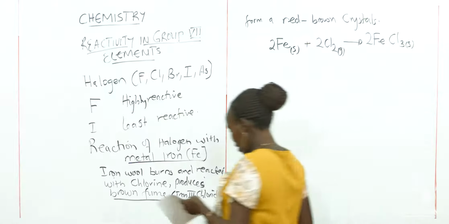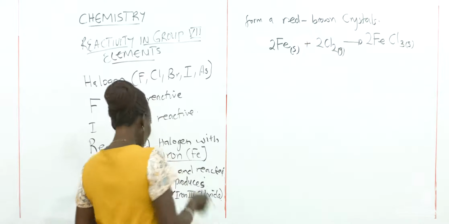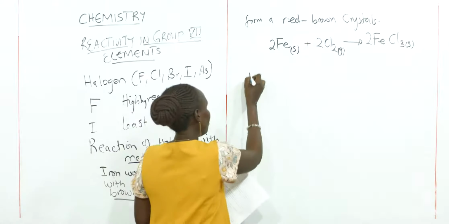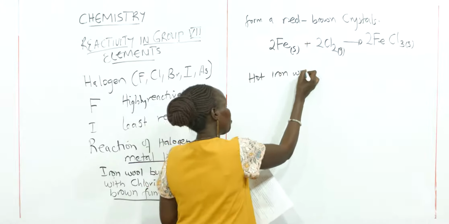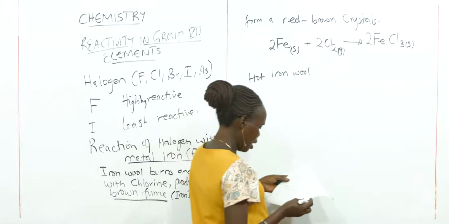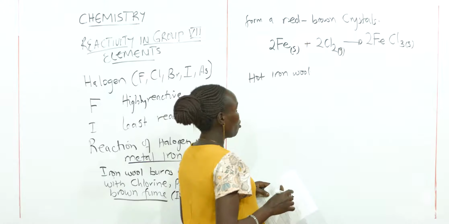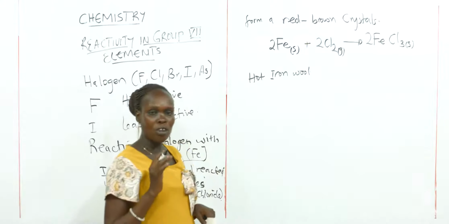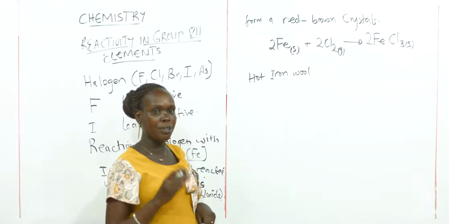So we are going to have hot iron wool. When you have iron wool here, this can be cold, and when you have hot iron wool, it reacts with bromine vapor to form red crystals of iron 3 bromide. Why do we have it as hot iron wool? Remember, the reactivity decreases as we go down the group.